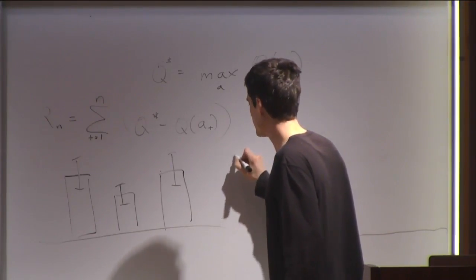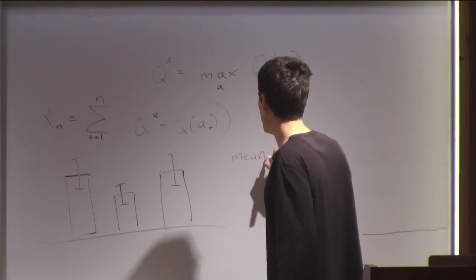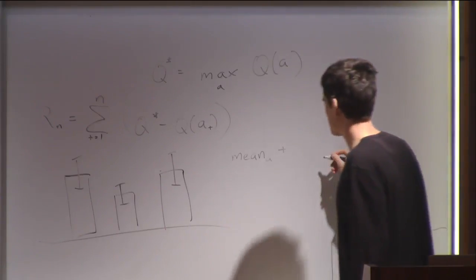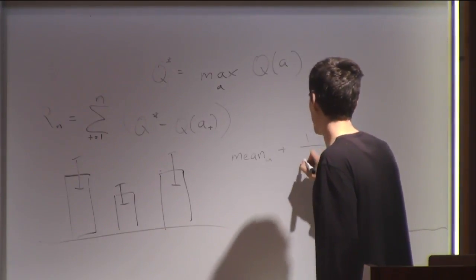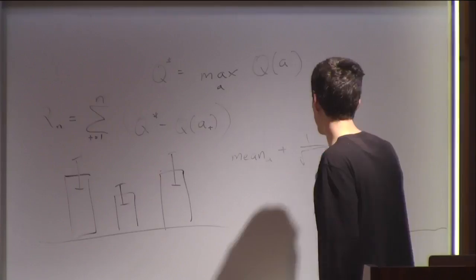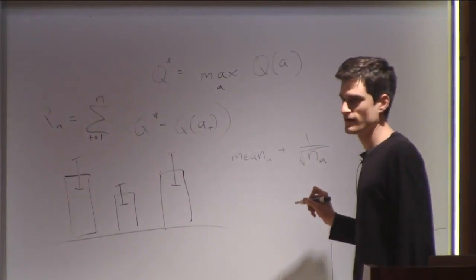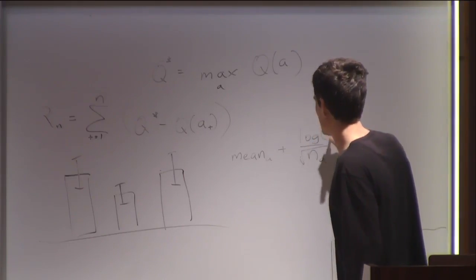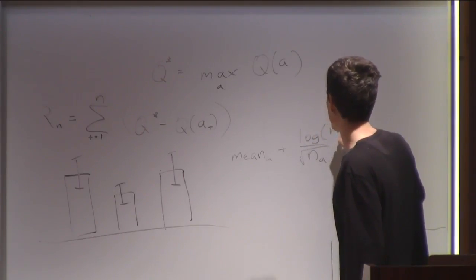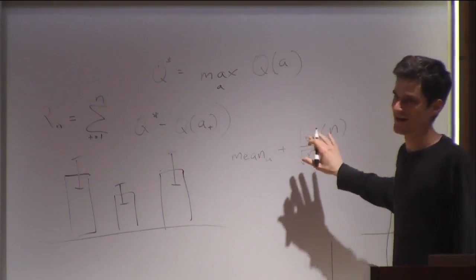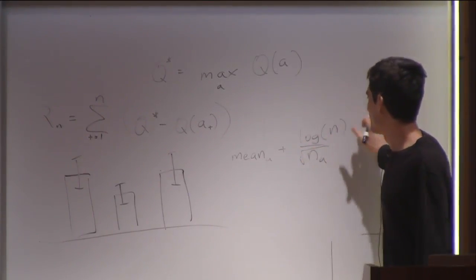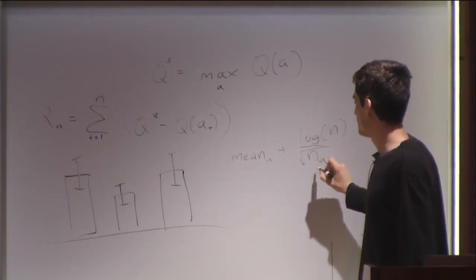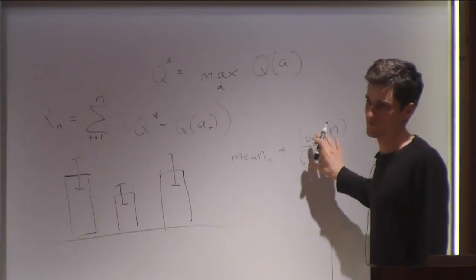You choose the arm that has the highest value of the mean of this arm, let's say mean sub A, plus something like 1 over the square root of the number of times you've chosen that arm. And actually, there's another factor, a factor that's like log of n, which is the total number of steps so far. Anyway, you're choosing mean plus something like 1 over square root of the number of times you've chosen that arm.